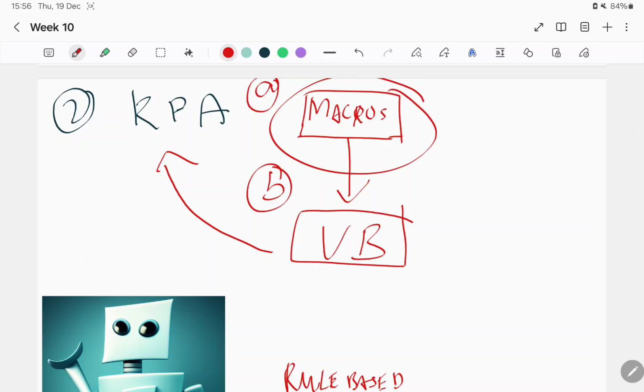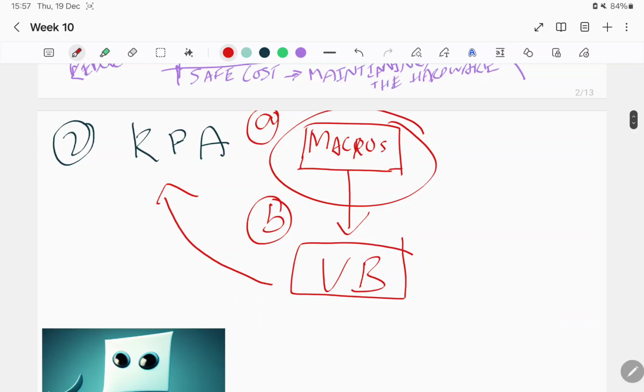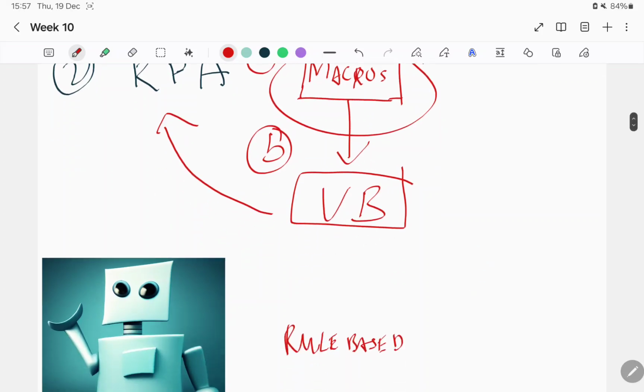Macros are based on a single system, and Visual Basic is for multiple systems. They can cross boundaries already. Then we have robotic process automation, which is more advanced than the VB, which we have been looking at for quite some time. All right.